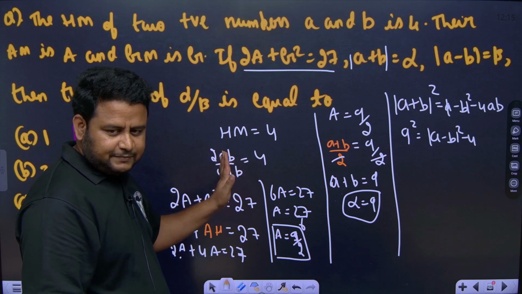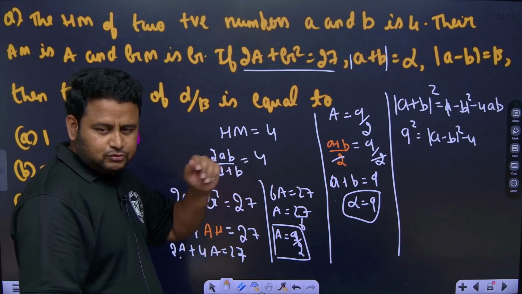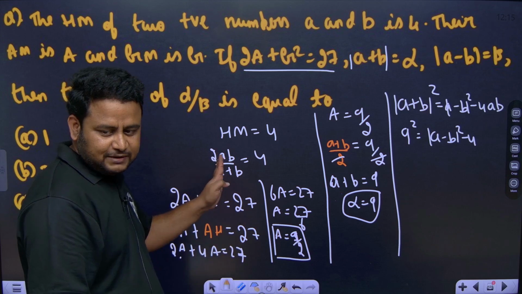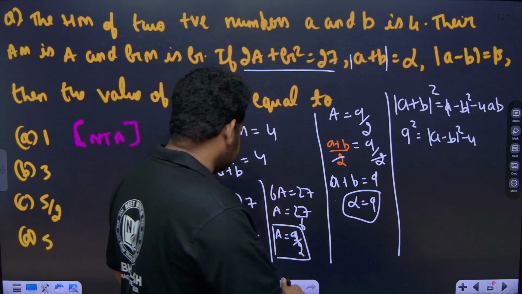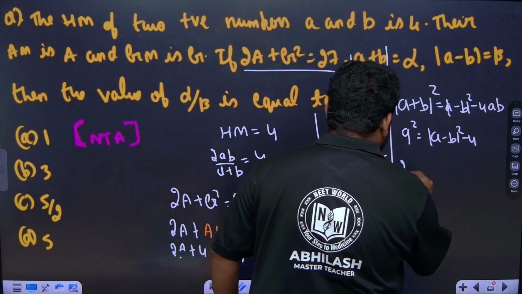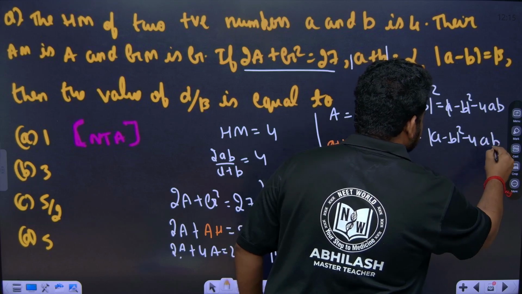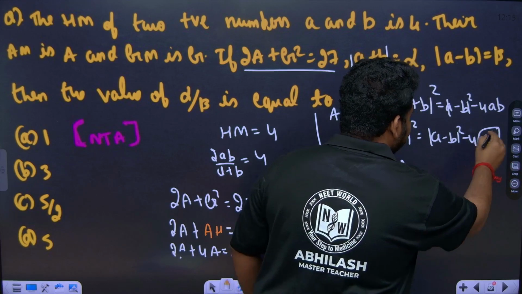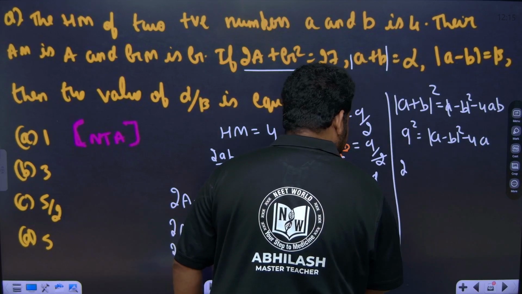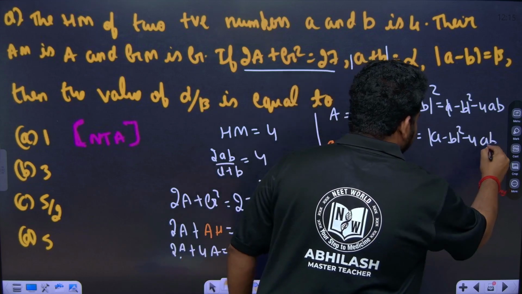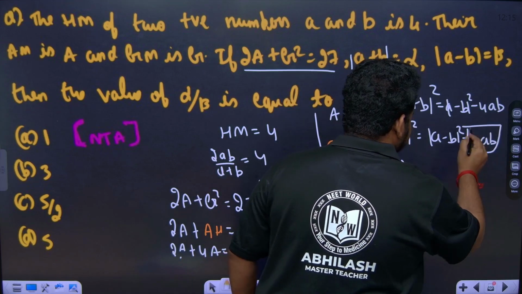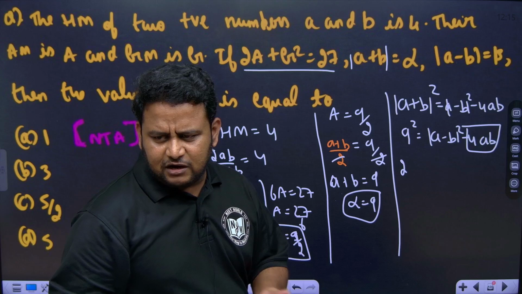I can multiply this whole equation by 2 and get 4AB. We have to find out 4AB or AB.